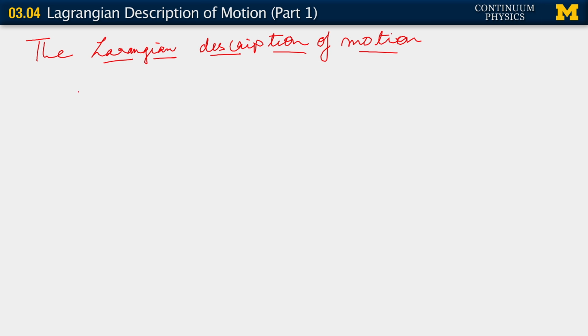Okay, so let me put that all down. So we have the Lagrangian description of motion. What this means is we will follow individual particles, right?